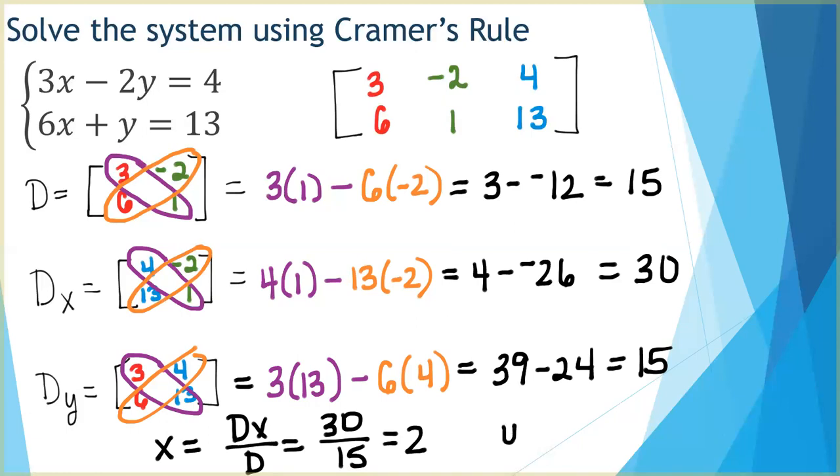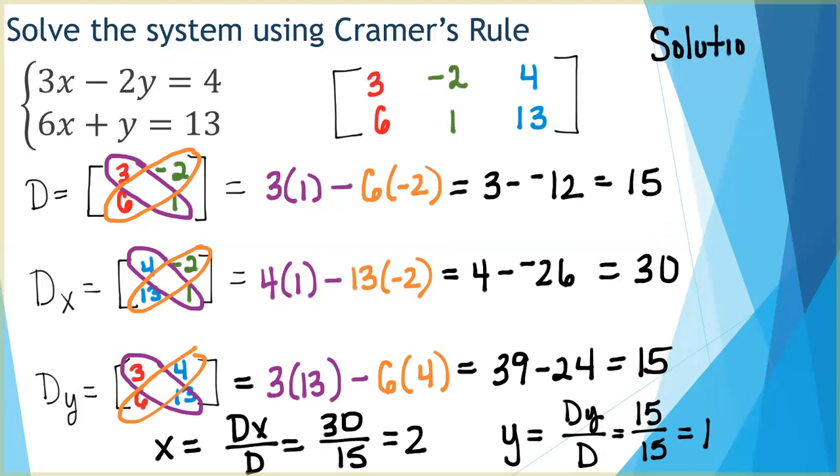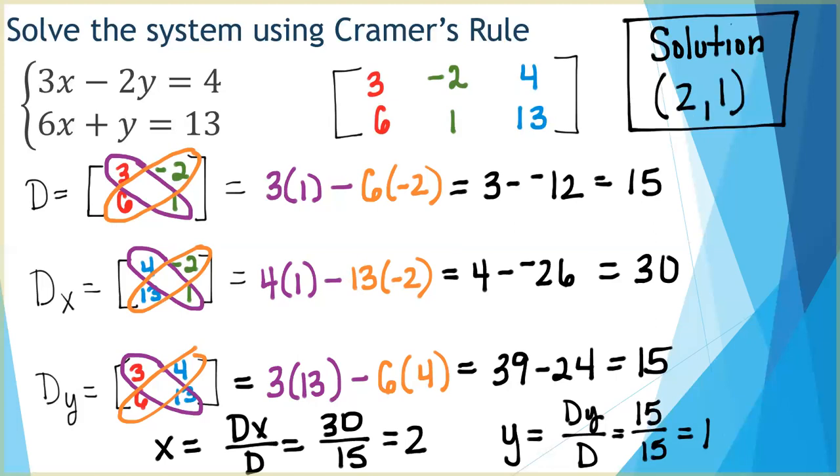And then y, that is going to equal Dy divided by D. So Dy is 15 and D is 15. So that's 15 divided by 15, which is 1. So the solution to the system using Cramer's rule, because that's the only way to get credit, is (2, 1). That is the solution to my system.